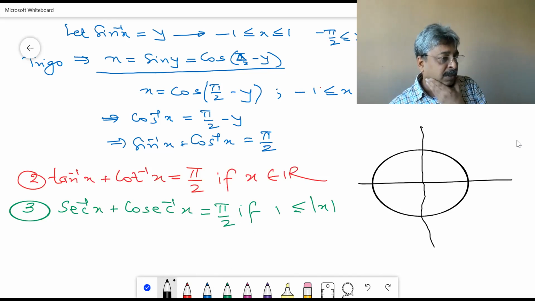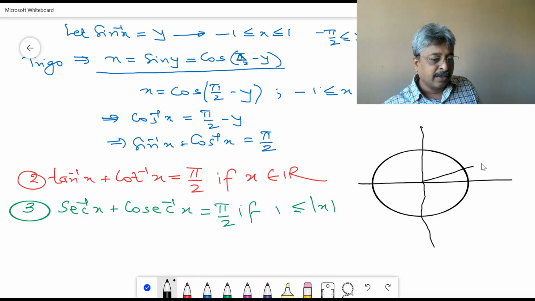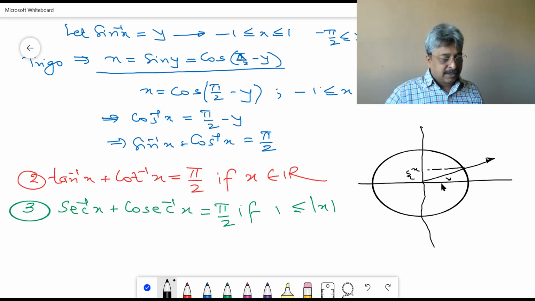Okay. Now sin inverse x is equal to y. So if you draw some angle here, this is angle y, and this is your sine value, which is x. This distance is x.